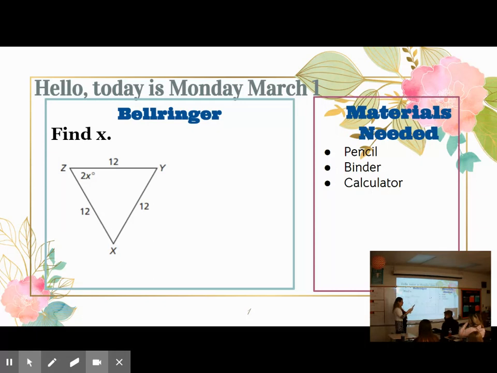On the back page, it says find the value of x. On each one, you've got to find what x is. But on number 12, there's x, y, and z, so you need to find x, y, and z. You're going to use your notes from Friday. Like I said, I need you to have those out so I can check them when I come by. If you haven't completed your notes, you're going to have to use the first part of class to do your notes and then do the worksheet.